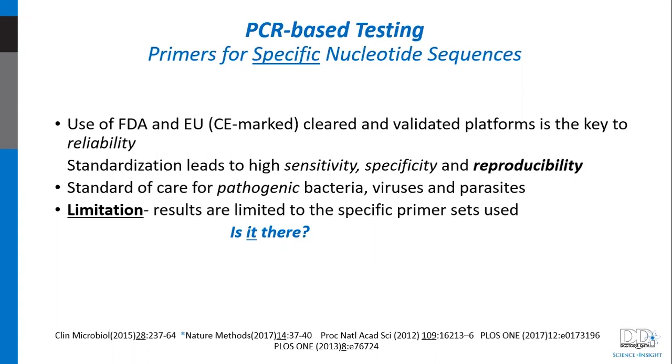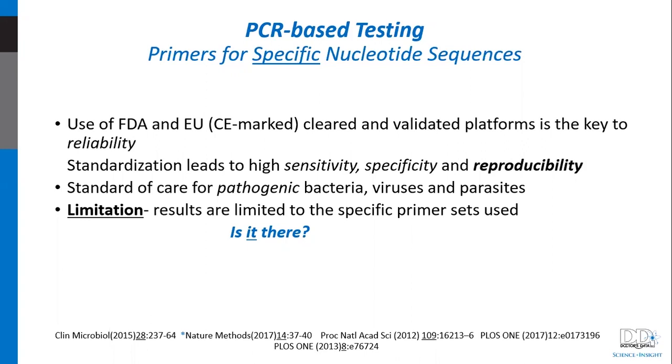Now, PCR is the standard of care for pathogenic bacteria, viruses, and parasites in the hospital setting. And it's a great tool, but it has limitations. And the primary limitation is that the results that you get are limited to the specific primer sets that you have in hand.